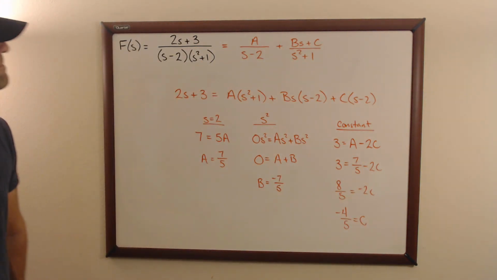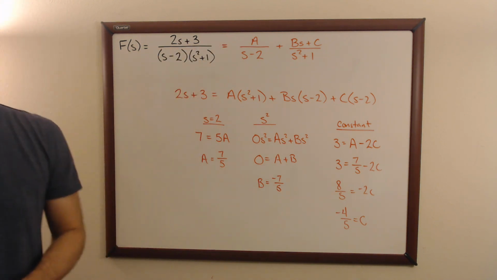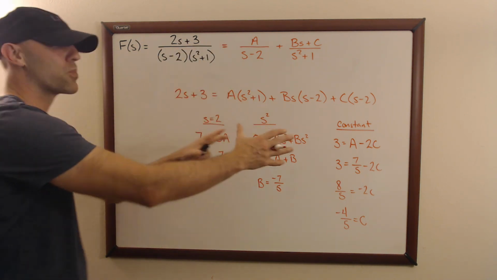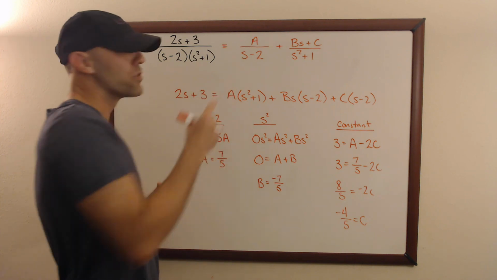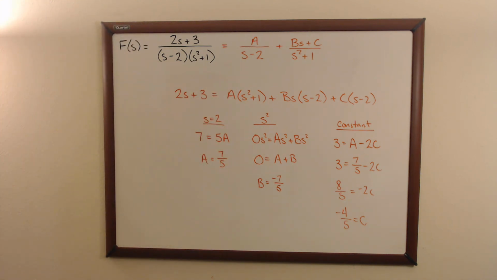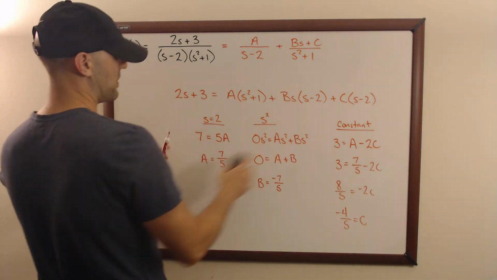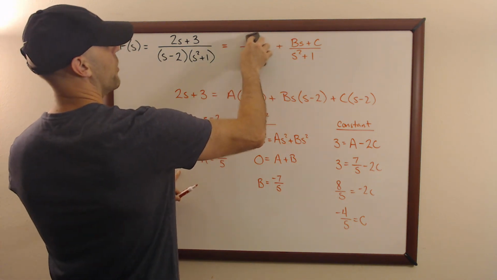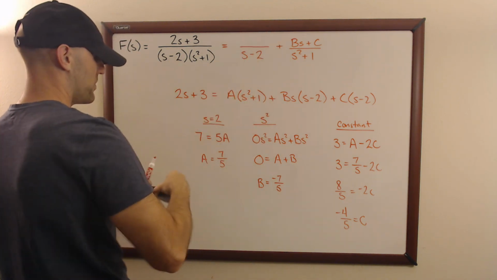Fantastic, right? Okay, so all of this gives me my decomposition, and having done this, this is just the scratch work, now I can actually do my inverse Laplace transform. All right, so let me recopy. I'm going to have to erase this, so let me recopy these up here. So a, that was 7/5.